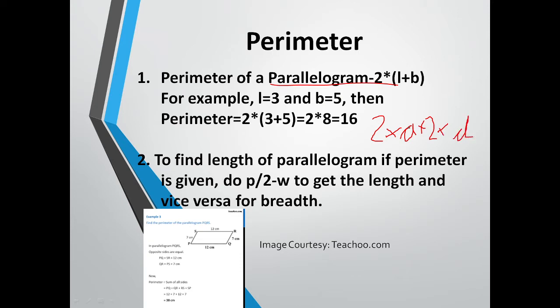So we'll use the distributive property. These two are common, so we'll take it out and then 2 into a plus d, and that is length and breadth.